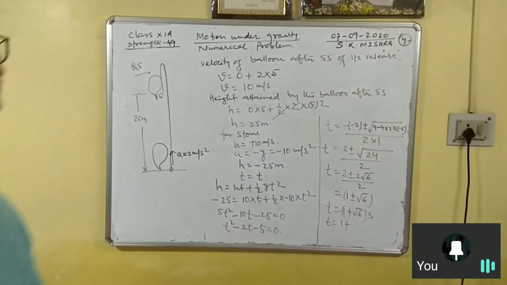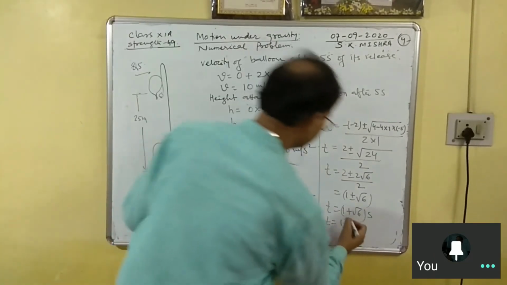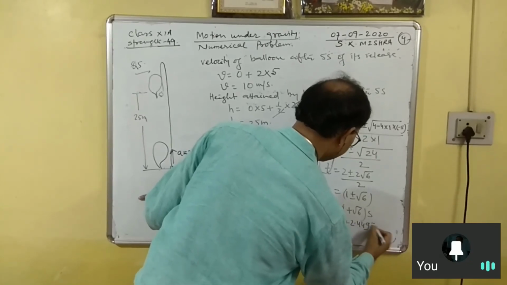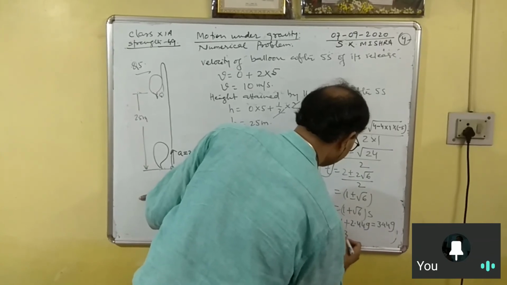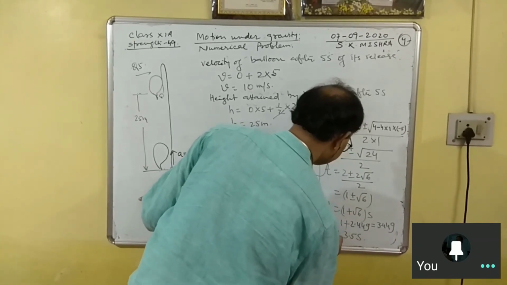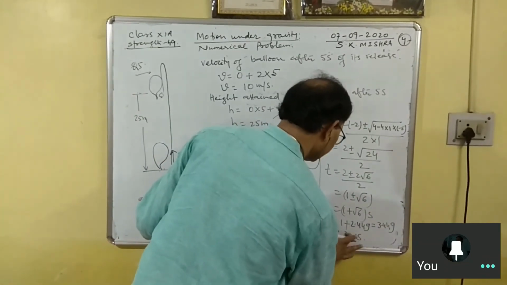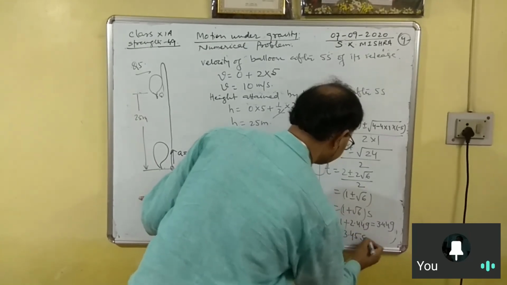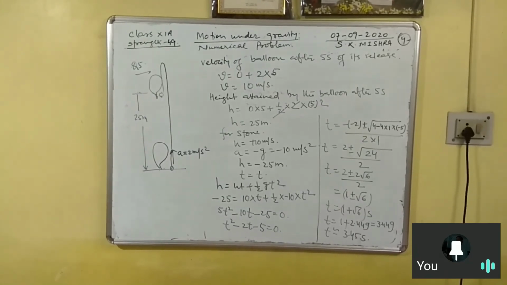Root 6 is 2.449, so it's 3.449. Approximately 3.45 second. So this much time it will take to reach the ground.